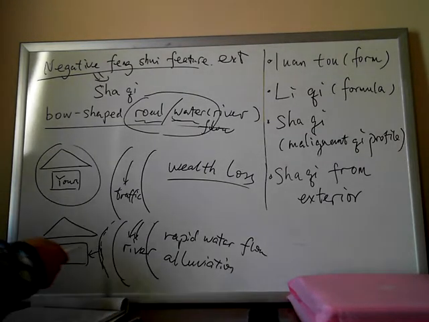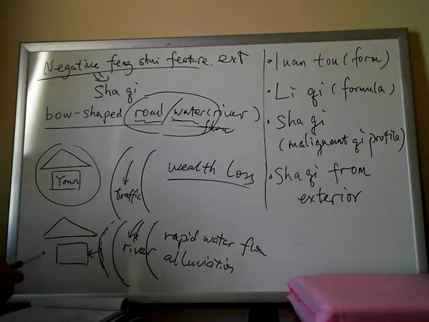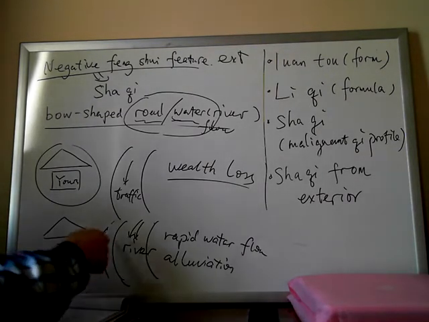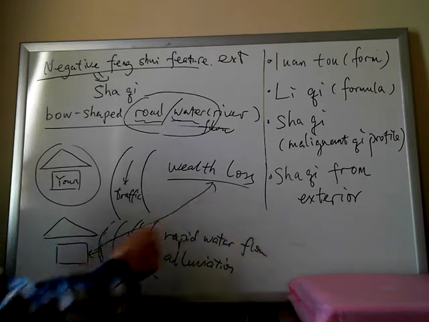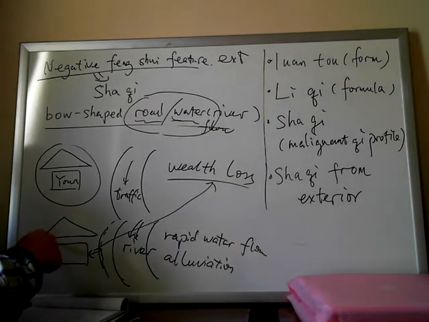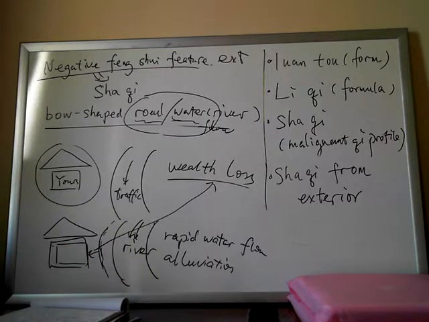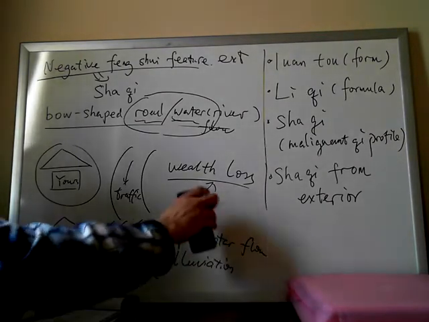At that time there's no bank. You keep your money under your bed, and then the money will be flooded away as well. So that is a type of wealth loss. If your house is not robust enough, your house might be flooded away as well. So that's wealth loss.